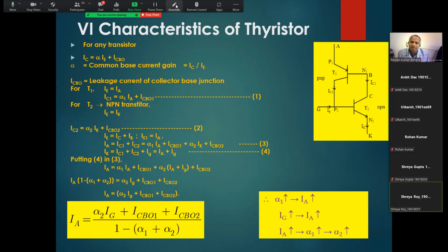And with this two-transistor model, we want to write down the equations. We know this is my IA, the anode current, and this is my IK, the cathode current. So this is the PNP transistor and the NPN transistor.